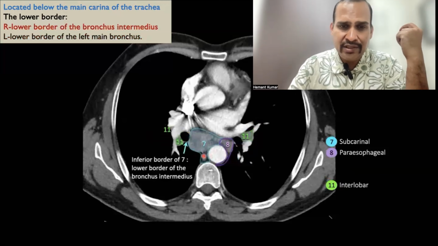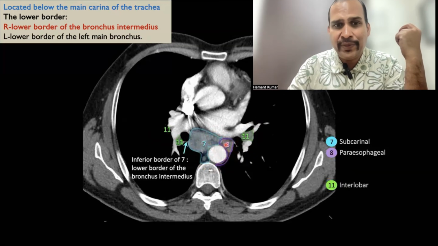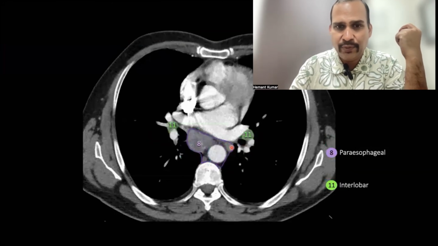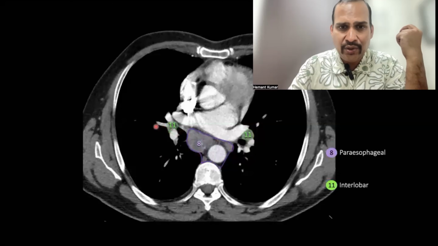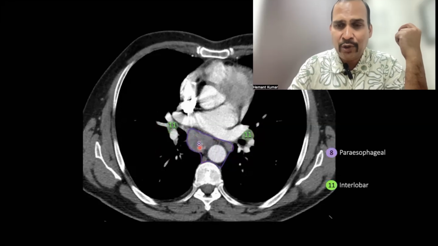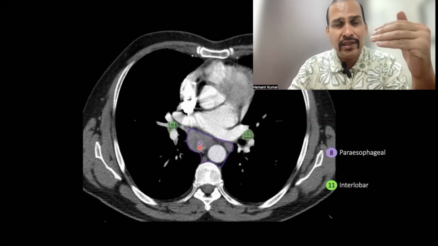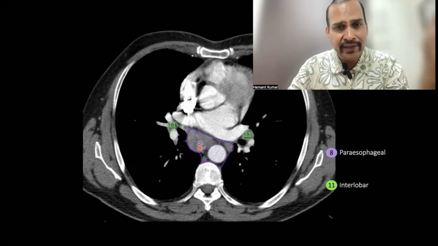Here again station 7, but you can see that station 7 is getting completed and station 8 is coming in the picture. This is paraesophageal. Okay, so station 8 has come because the lower right side intermedius has completed.